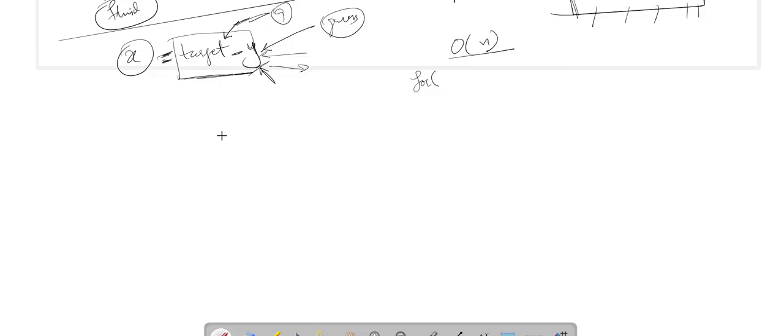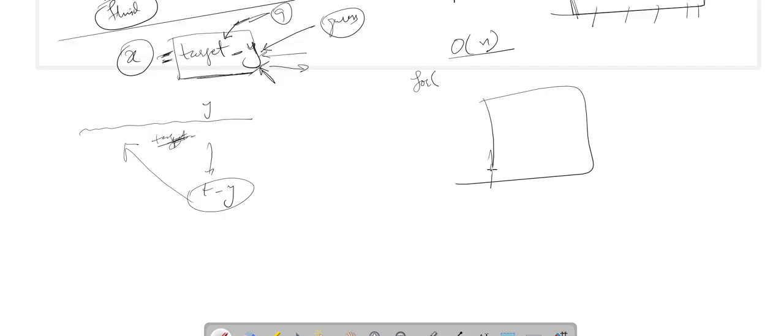Let's say we were going through the array, right, and we come across a value, we have a y, and then we calculate the target minus y. And if this is something we have already seen, now how do we keep track of something we have seen? That's where the map comes in.